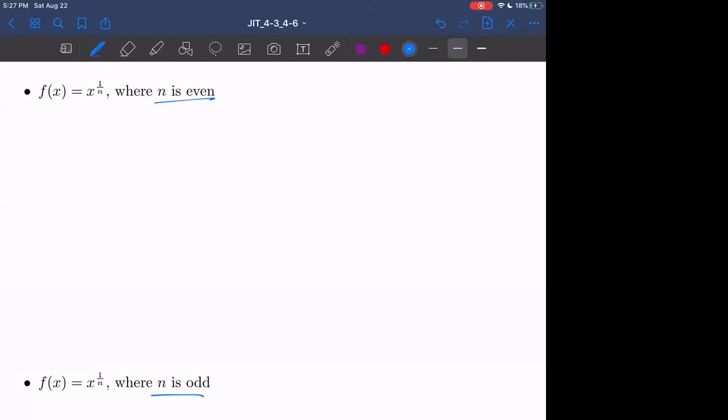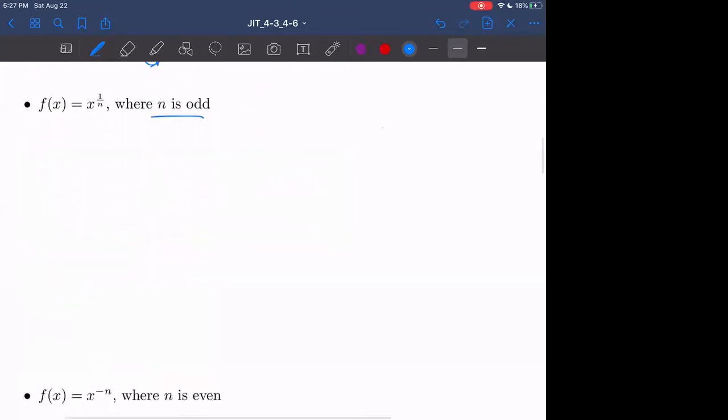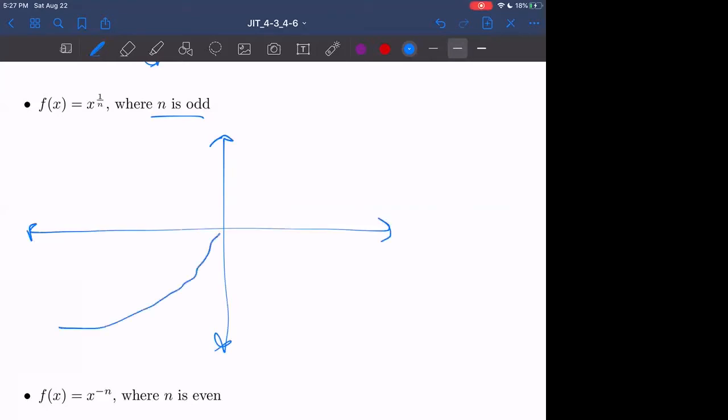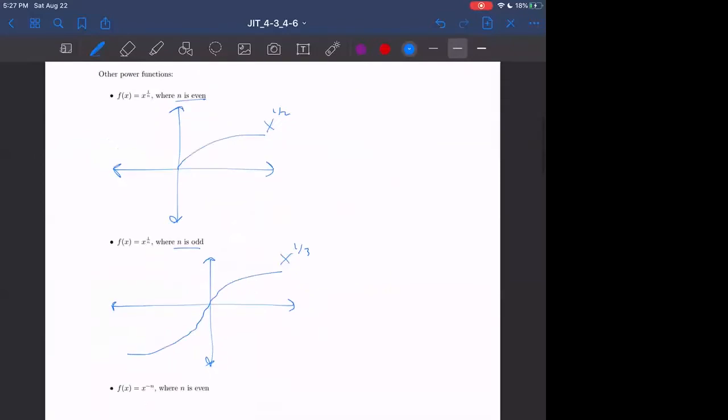Where n is even, it would take this basic shape, something like x to the 1/2. And where n is odd, it would take on this basic shape, and that'd be something like x to the 1/3. So those are our root functions.